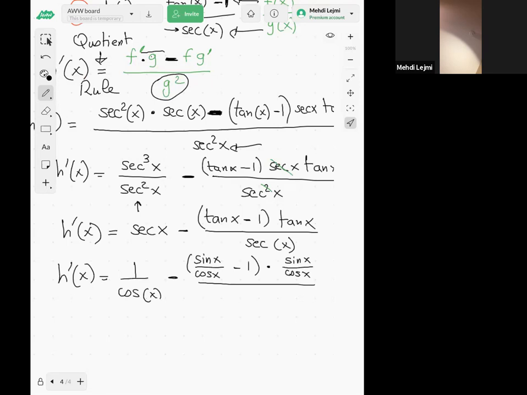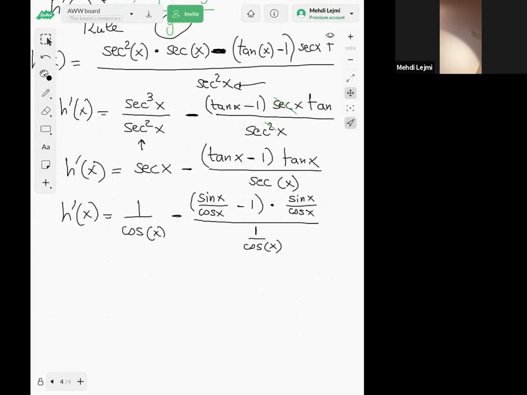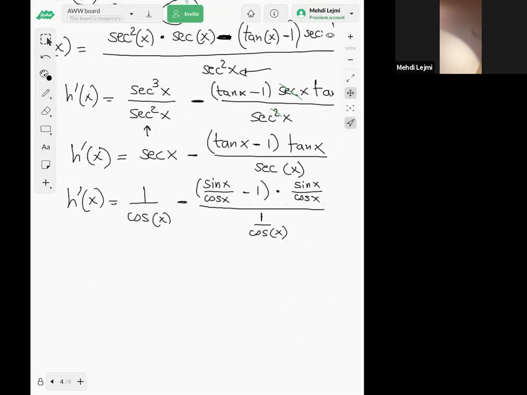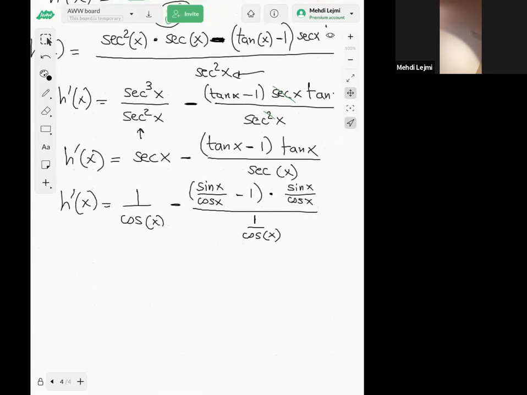So secant of x is, of course, 1 over cosine of x. So then h prime of x... I'm just using the definition of secant: 1 over cosine, and tangent is sine over cosine.